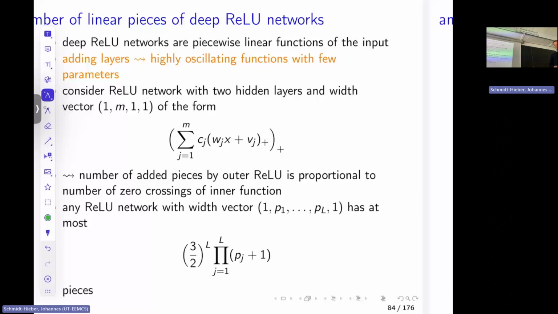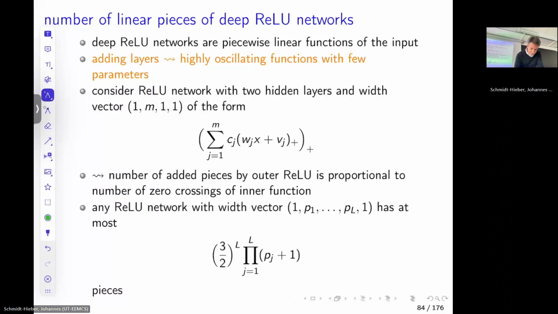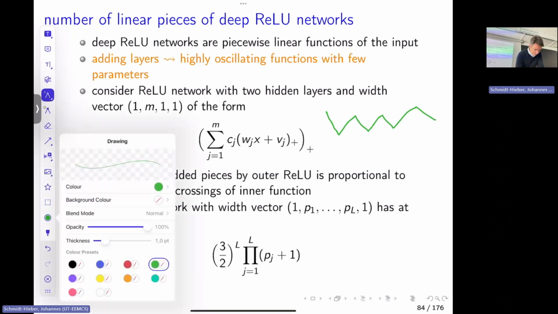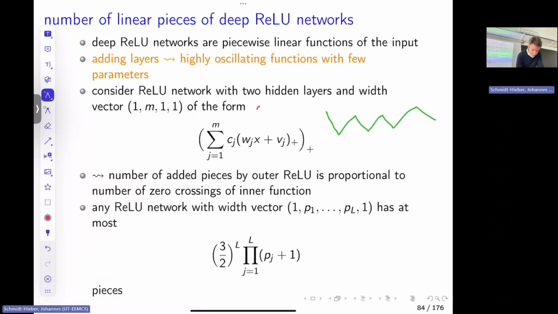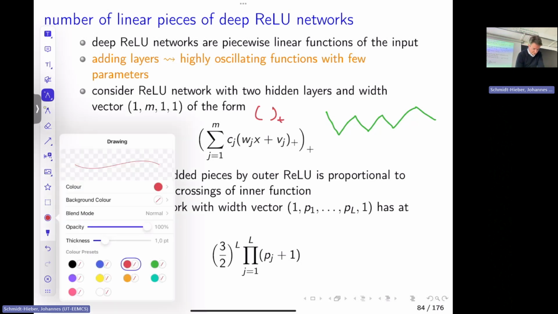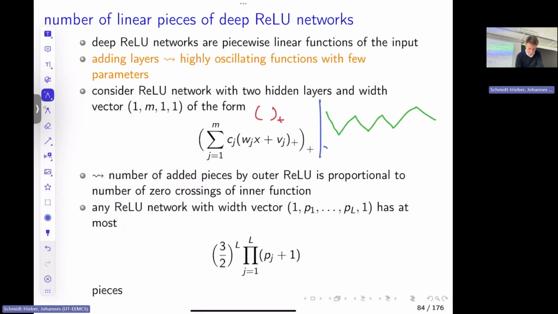So here the idea is, how can you generate more linear pieces with few parameters? With 1 hidden layer, you generate piecewise linear functions. What you can do with the second one, if you take, for instance, just the identity and apply ReLU once more, you put parameter 1, and then apply ReLU. Okay, let me first take another color. Say this is the coordinate system.